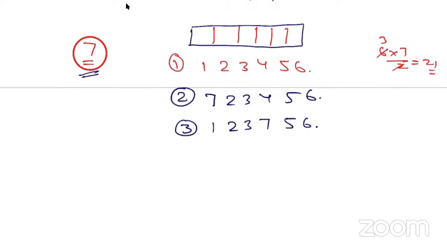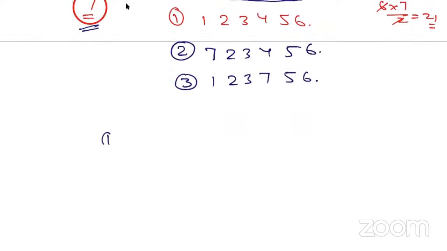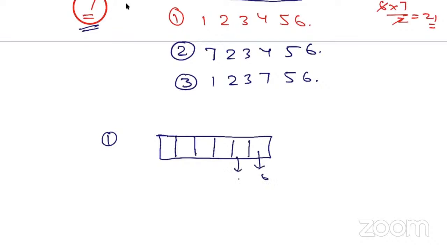Now, in the first case, how many numbers do we get? 6 factorial, with 1, 2, 3, 4, and 5: 6, 5, 4, 3, 2, 1. Very good, Aditya.